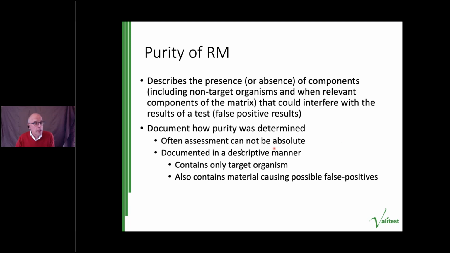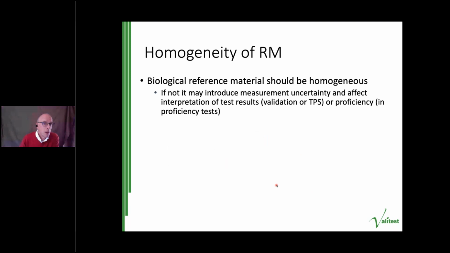It should be documented in a descriptive manner, like it contains only the target organism, or it also contains material causing possible false positives. People who are going to use that reference material should be informed about the purity and about these aspects.